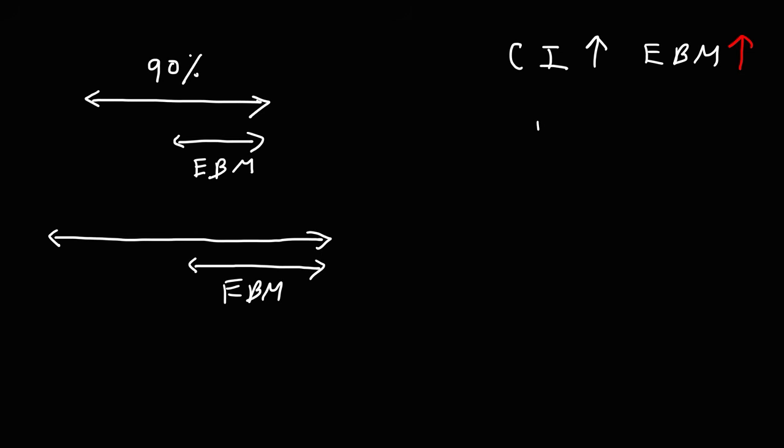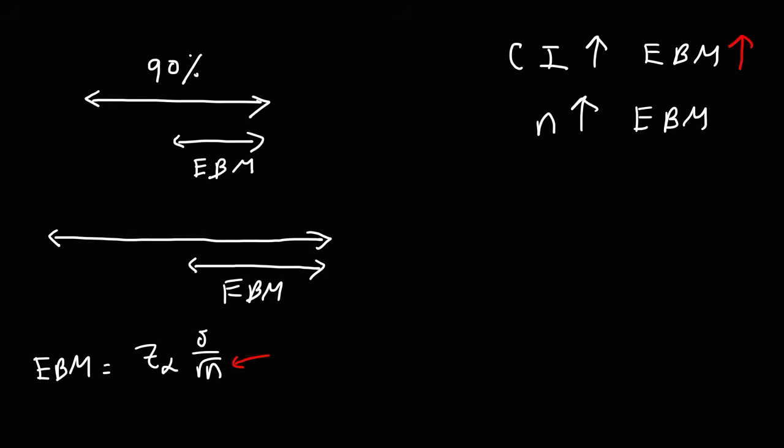Now what about if we increase the sample size? What effect will that have on the margin of error? Now keep in mind, the margin of error, the EBM, or the error bound for the mean, is Z alpha times sigma over the square root of n. Notice that n is at the bottom of the fraction. Whenever you increase the denominator of a fraction, the value of the entire fraction goes down. It's an inverse relationship.